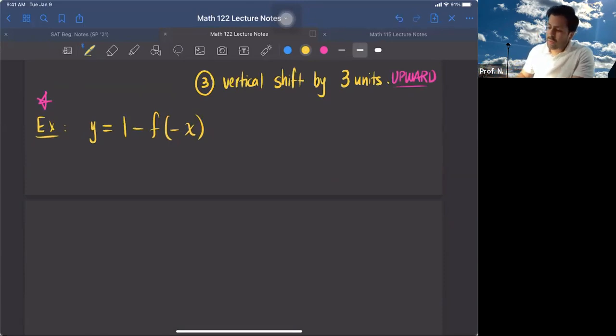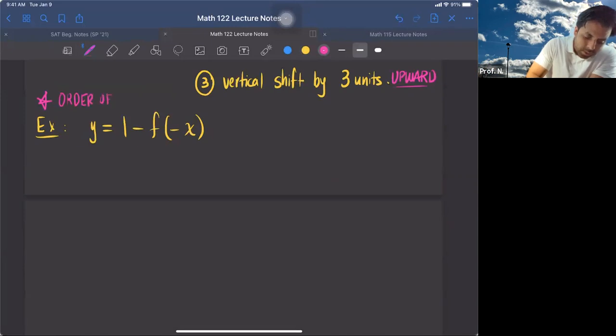So now the question becomes, what's going to be the first command? So the order does matter. So let me just write this. Order of transformations does matter here, due to reflections.